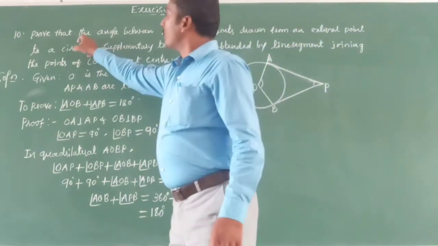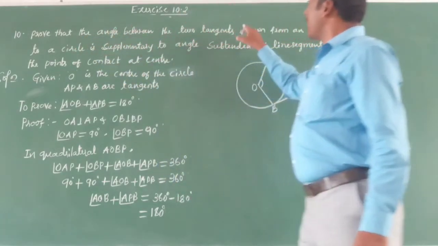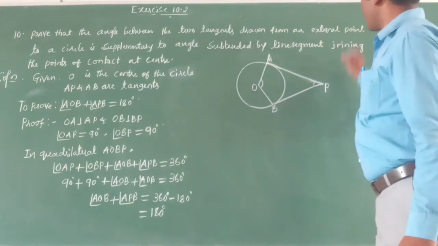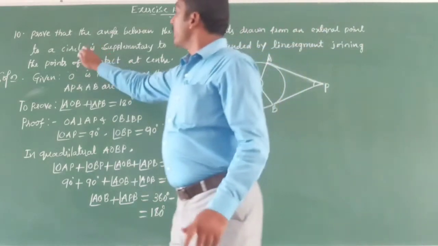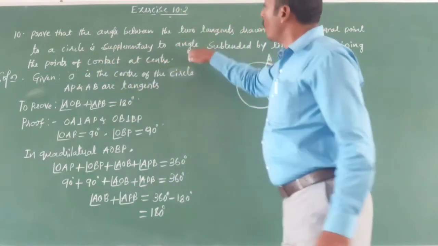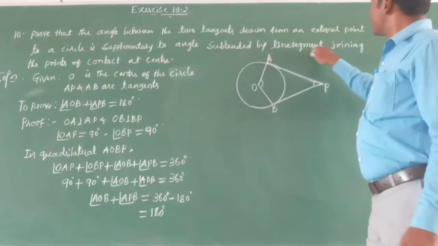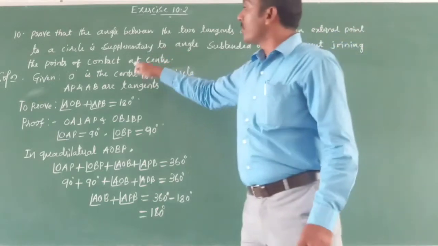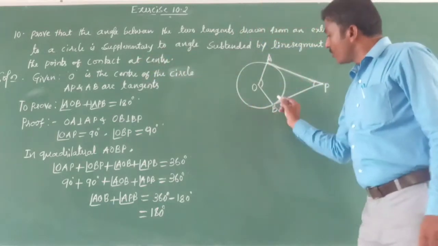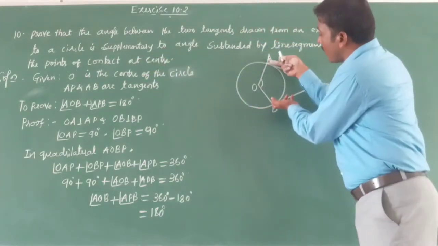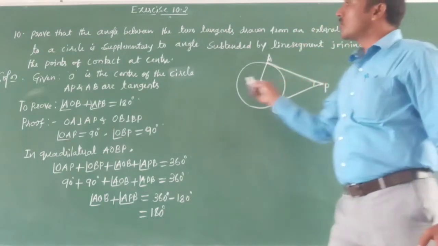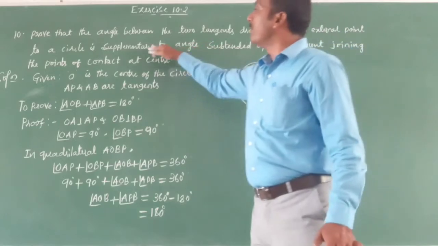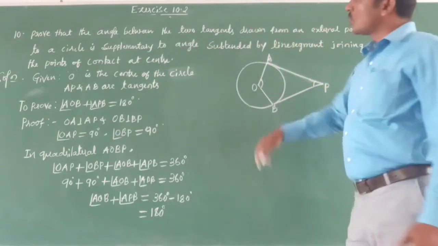That is, from these 2 points of contact it makes an angle at the center, this angle plus this angle is equal to 180 degree. Supplementary means the sum of these 2 angles is equal to 180 degree.